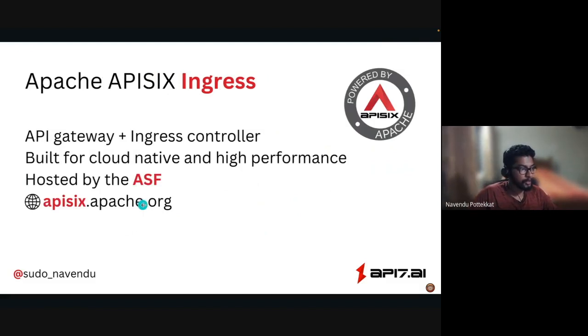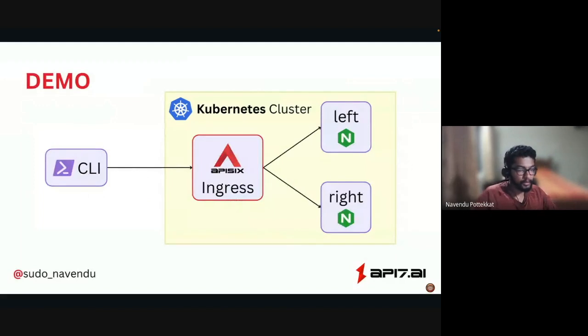So let's see. All right. We have a really simple demo. We have Apache APISIX deployed on Kubernetes. We have two instances of Nginx servers: the left server responds back left, and the right server responds back right.